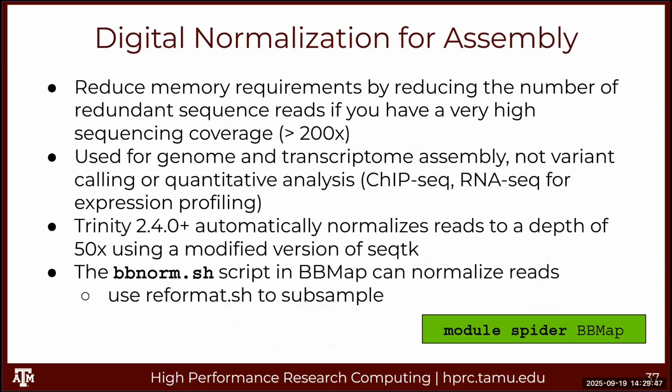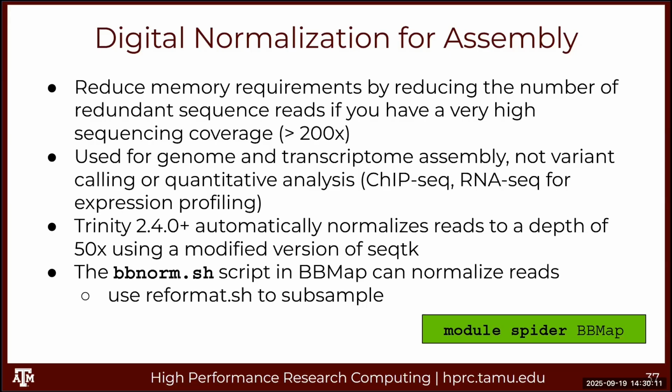But if you ever hear about normalization, digital normalization: whenever you're doing some sort of assembly or analysis, the assembler might say don't use more than 200x because it can cause issues with the graphs, or it could just take too long. Let's say you have 1,000x because you sequenced a small genome a lot.